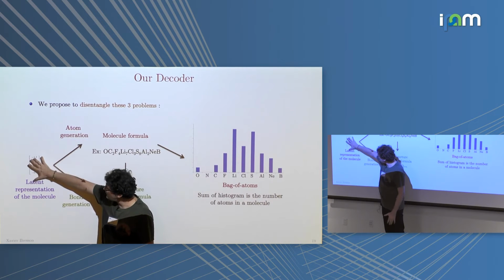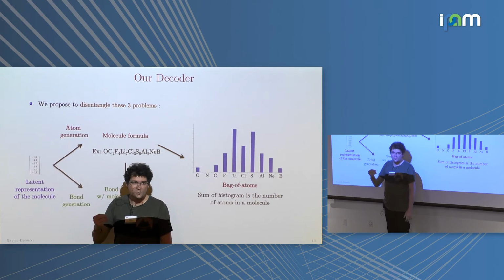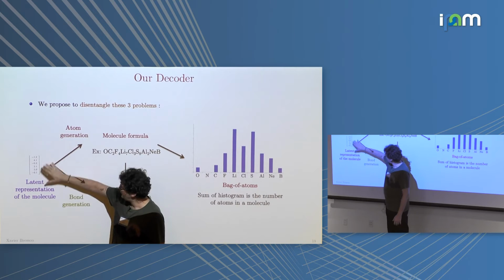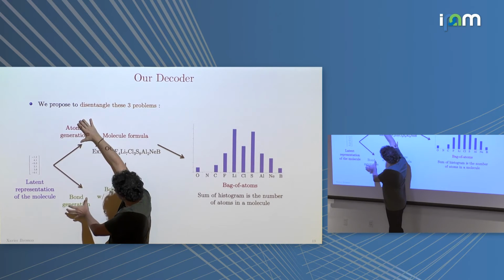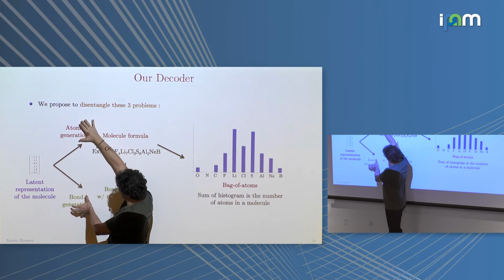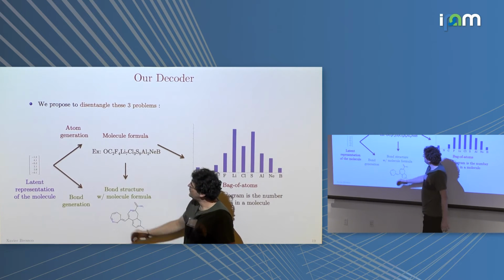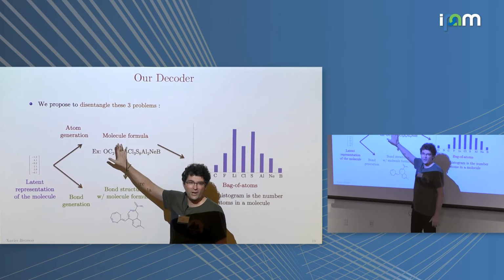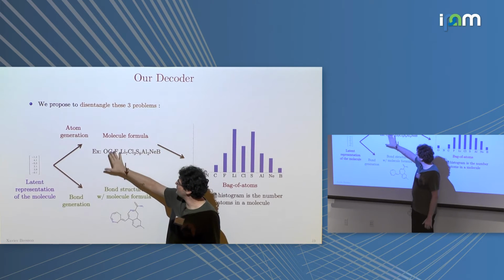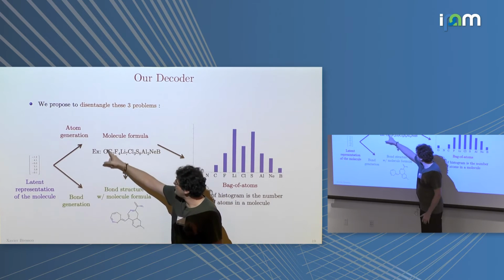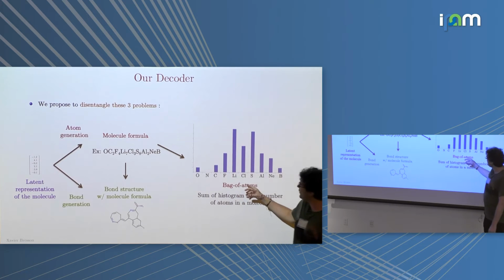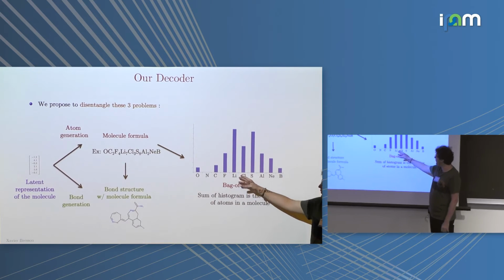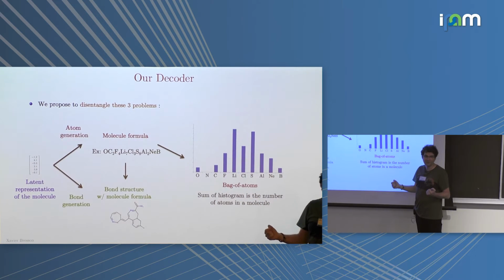So we're going to use the molecule representation, and from that, we are going to do atom generation and bond generation. The atom generation is basically, we want to know the molecular formula. So we have some molecule, and what we want to know is the histogram of atoms inside the molecule.